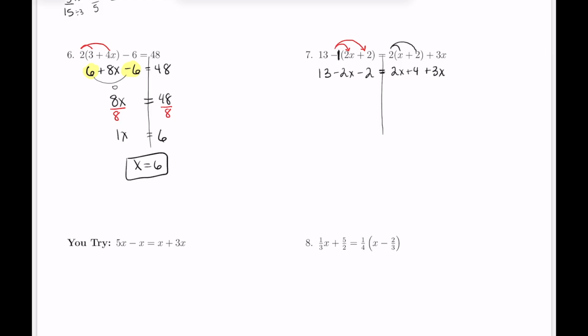So I see that we've got a 13 and a negative 2. Those will just combine to make 11. Notice that I didn't say, oh, let's do plus 2x and plus 2 or plus 2 plus 2. That's not right. We don't do it that way because these are both on the left side of the equal sign.